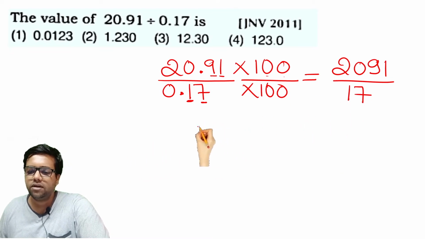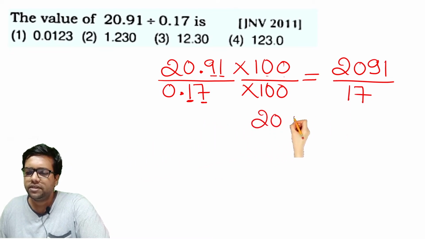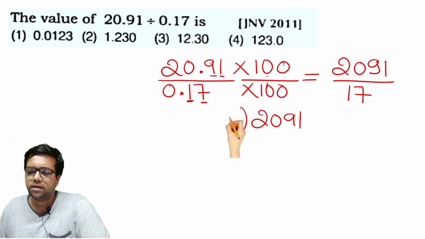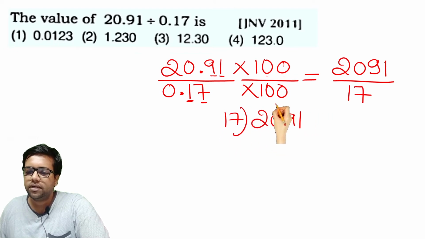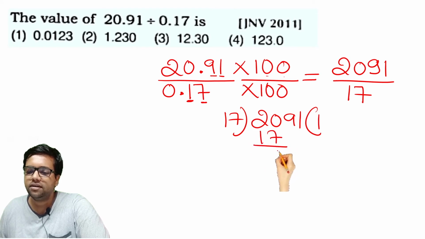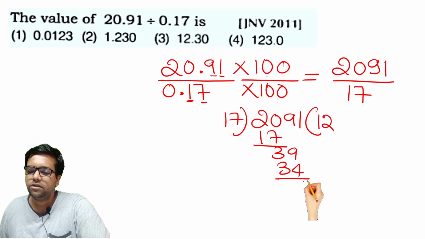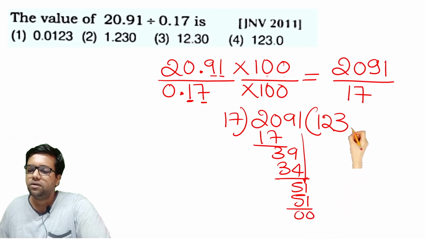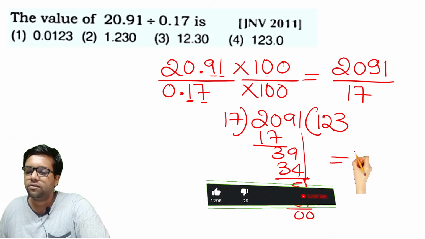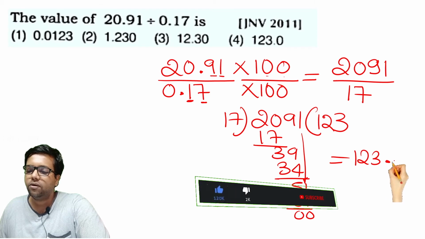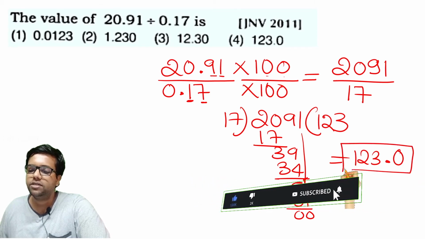So now do the long division. 2091 divided by 17. I will write this part on this side this time. 17 ones is 17. You are left with 3. 9 will come. 17 twos is 34. You are left with 5. 1 will come. 17 threes is 51. Then 0, 0. So you are left with 123, or you can also write it as 123.0 in decimal form.